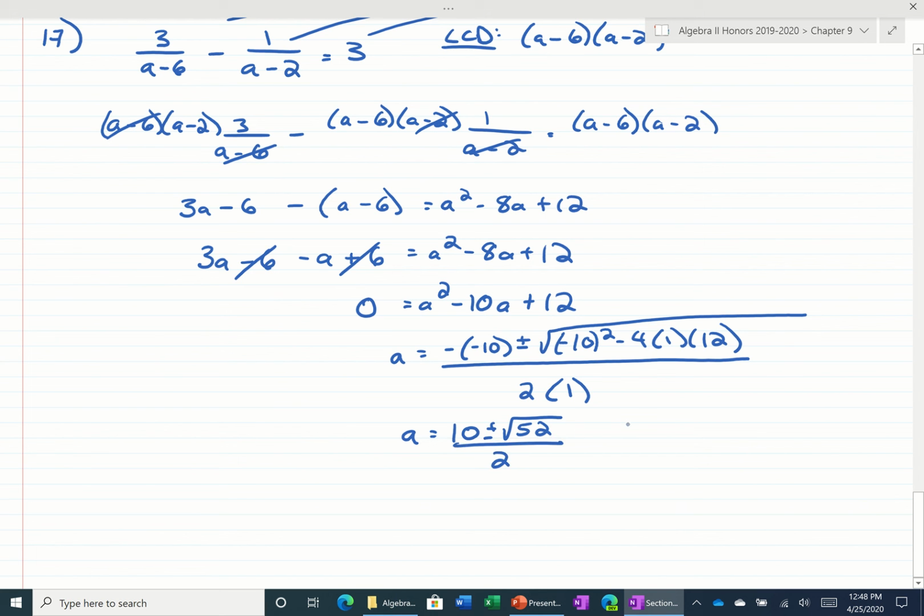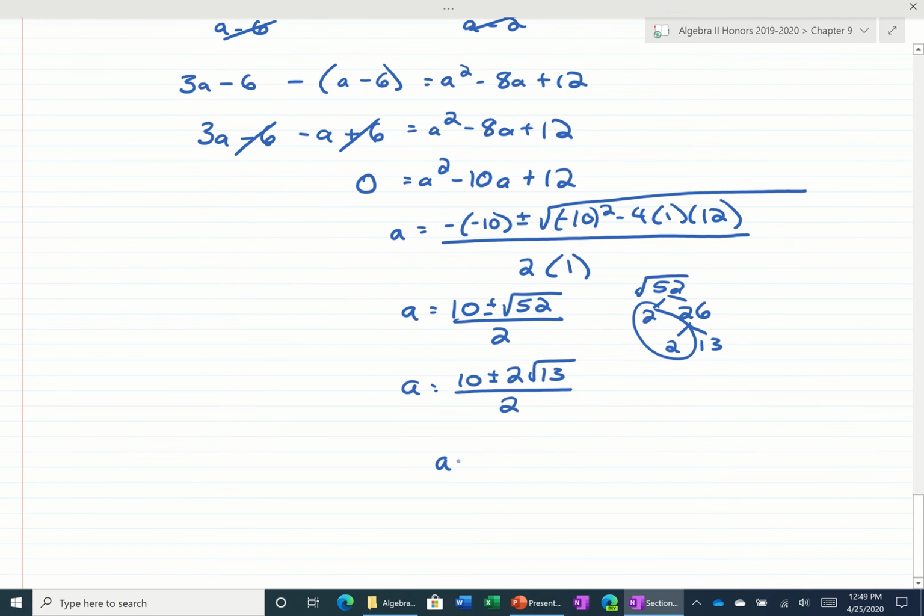So let's see, 52 is the same thing as 2 and 26, which is 2 and 13, which is Taylor Swift's favorite number. So this would be 10 plus or minus 2 square root of 13 over 2. And if we divide everything by 2 here, we get 5 plus or minus root 13. And I posted the answers in decimal form, but this is the way that we know we always should write our answer. So that was number 17.